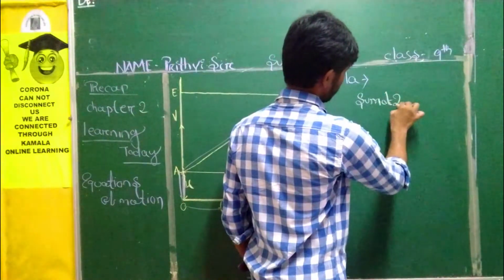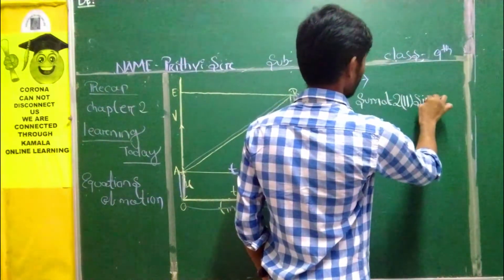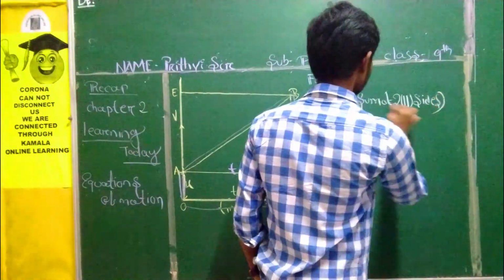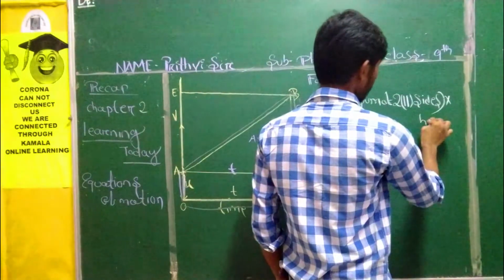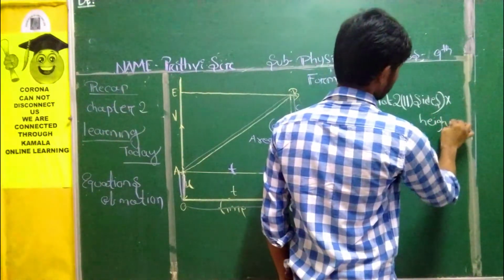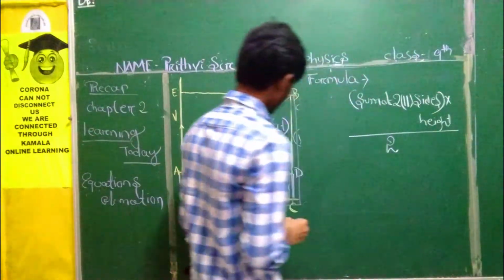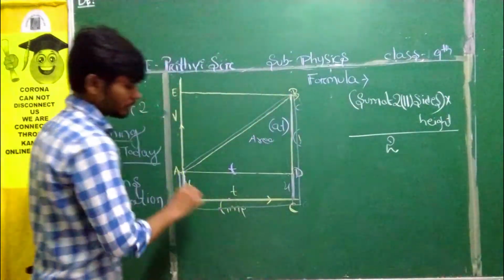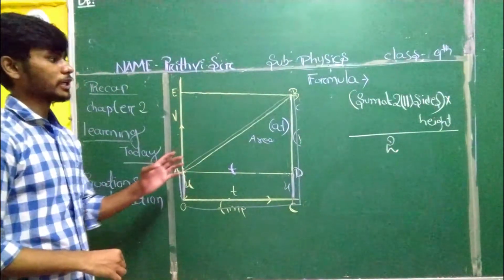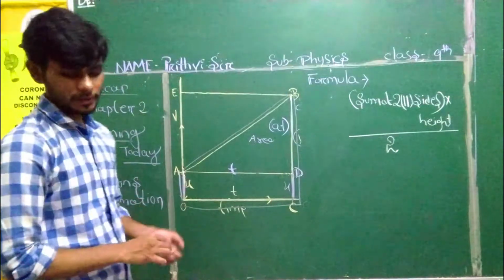Sum of two parallel sides, this is the symbol for parallel, students, multiplied by height, whole divided by 2. As you can see, this and this one, they both are your parallel sides, and this is your height, whole divided by 2. This will be your formula.